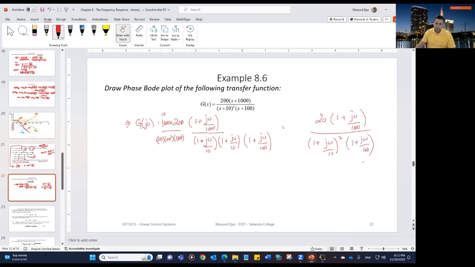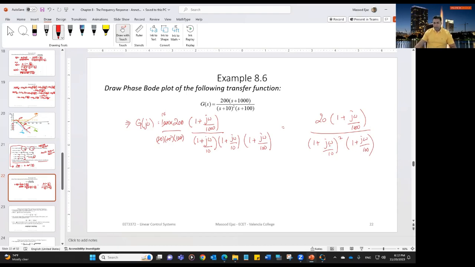So to draw the Bode plot, whether it's a magnitude Bode plot or phase Bode plot, first you're going to convert this into the standard form, which is gain times the pole, which is called the single order pole. So 1 plus the frequency over the cutoff frequency. That's also single order pole, but it's repeated. So 1 plus j omega over 10 squared. So either you describe it separately or as a square.